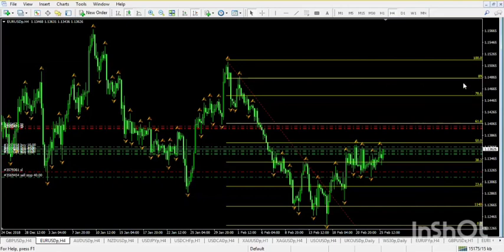These three levels are what matters to me. 38, 78, and 89. One of these three always overlaps a swing low. For example, if your 89 level is here and your 78 level is here, and it doesn't overlap a swing low, you can be sure that you haven't drawn the Fibonacci correctly.